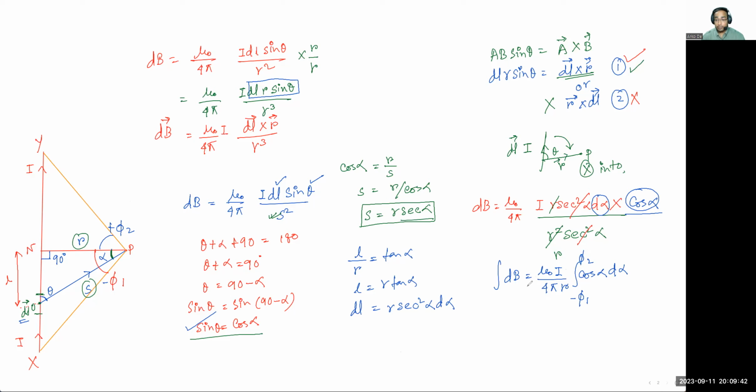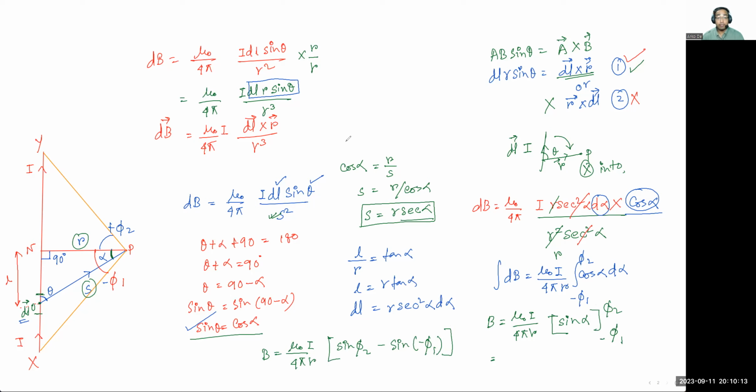So definitely it is going to be B, mu naught I divided by 4 pi R, and it's going to be sine alpha from minus phi 1 to phi 2. So it is going to be mu naught I divided by 4 pi R, and sine phi 2 minus sine of minus phi 1. Now tell me what is going to happen.